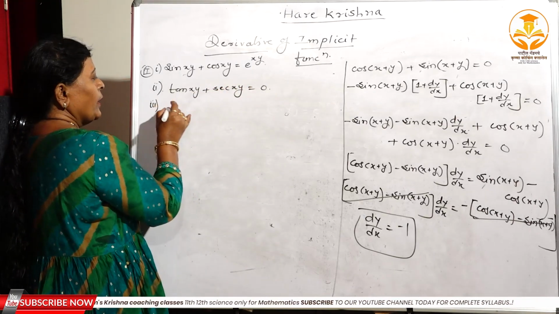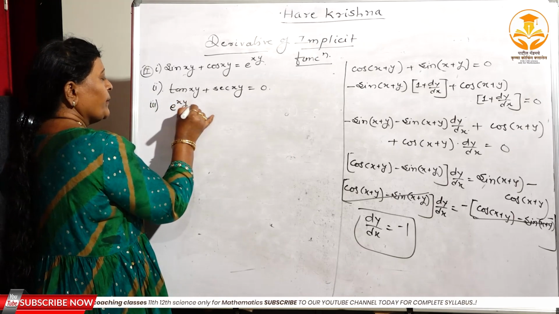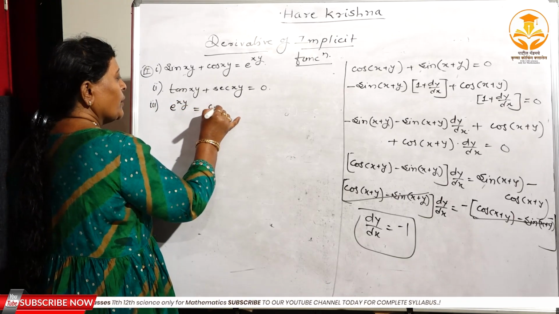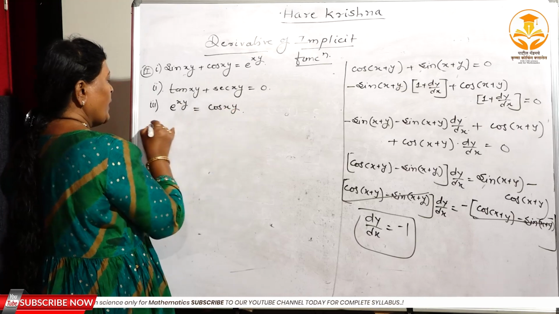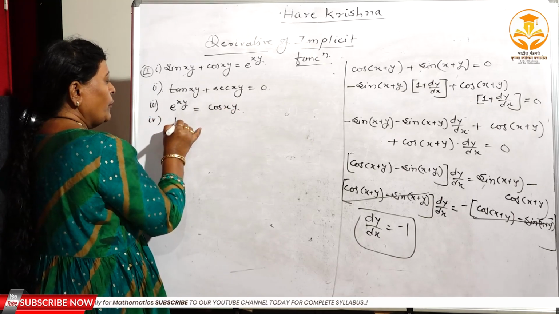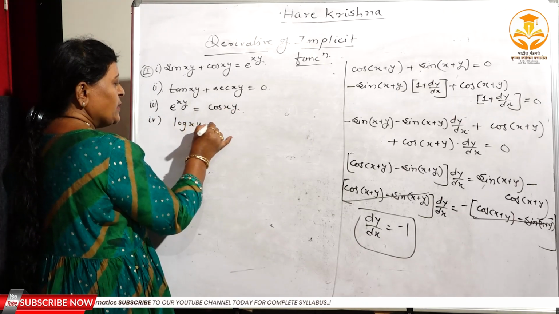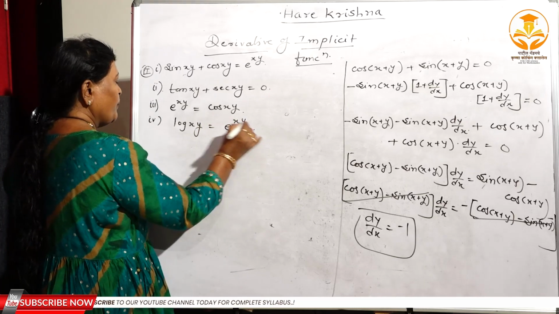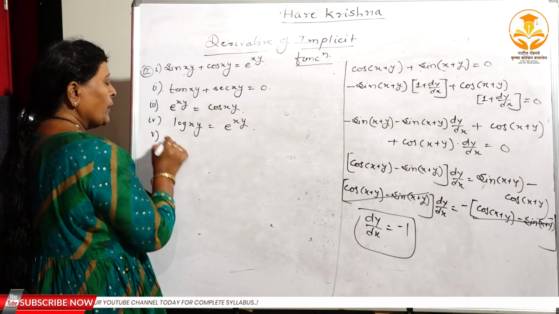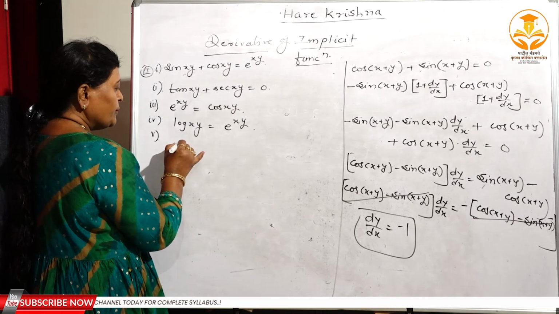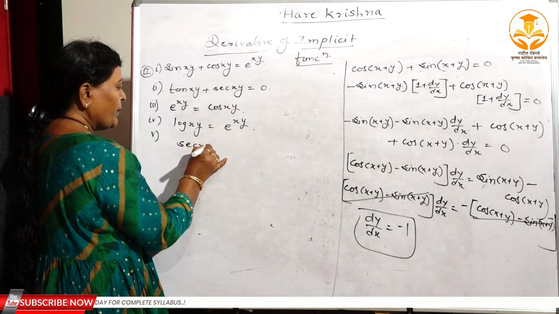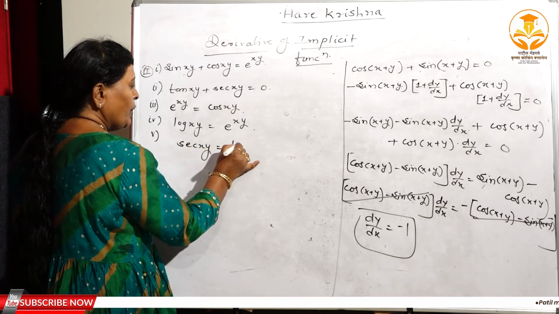Third one: e raised to xy equals cos xy. Fourth one: log xy equals e raised to xy. Fifth one: sec xy equals log xy.